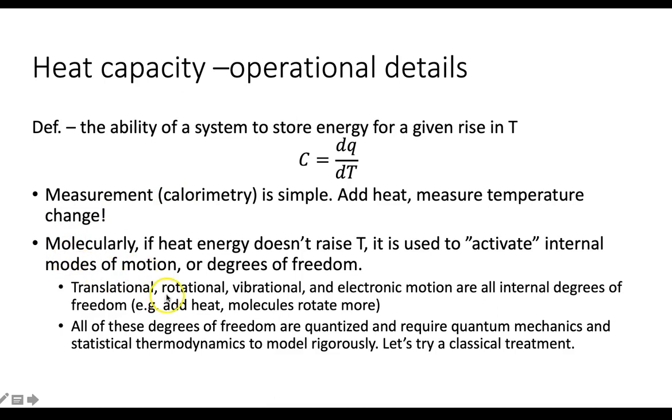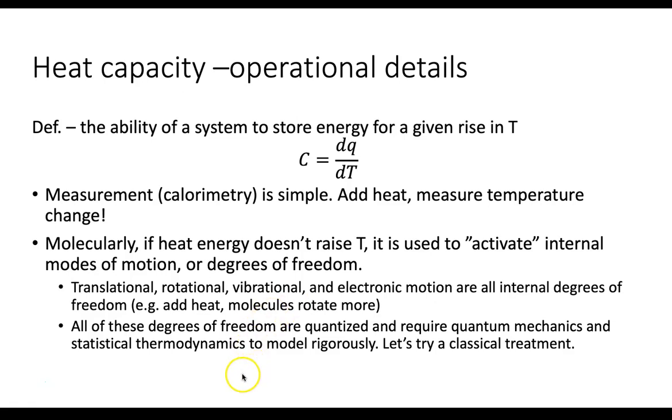Rotational motion is rotating around a moment of inertia. Vibrational is as bonds stretch and wag and so forth. And then electronic motion is as electrons go from one state to another. All of these are internal degrees of freedom. So if you add heat, for example, you're going to add more vibrational energy. If you add some heat, you'll add more rotational energy.